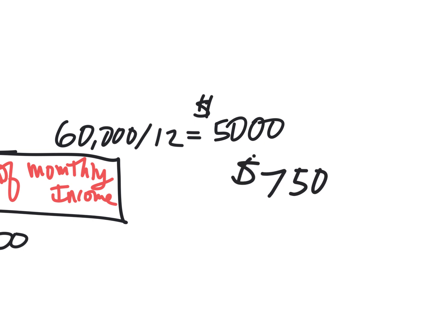This nurse should be able to save $750 a month towards the car. Nice. Do you get that's way more than the payment would have been? The payment was only going to be like $500 a month. But we get to save 15% of our salary until we finally got enough money.